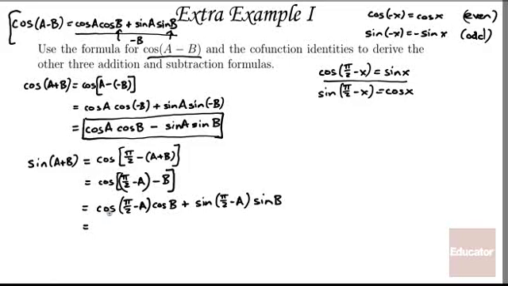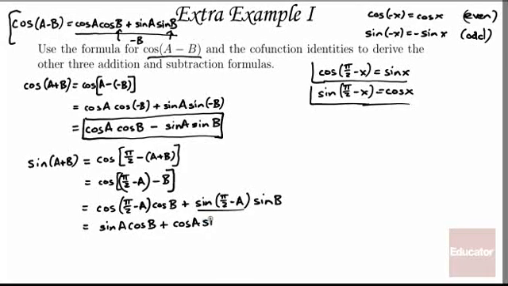But now, cosine of pi over 2 minus a, again using the cofunction identity, is just sine of A. Sine A cosine B. Now sine of pi over 2 minus A, using the second cofunction identity, is cosine of A times sine B. And look, now we've got the addition formula for sine, because we started with sine of A plus B, and we reduced it down to sine of A cosine B plus cosine of A sine B. So that's where the addition formula for sine comes in.